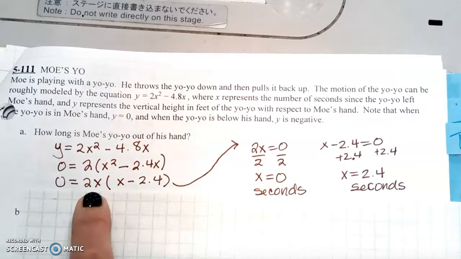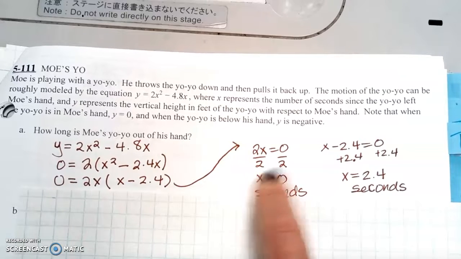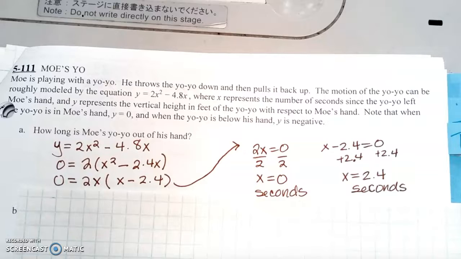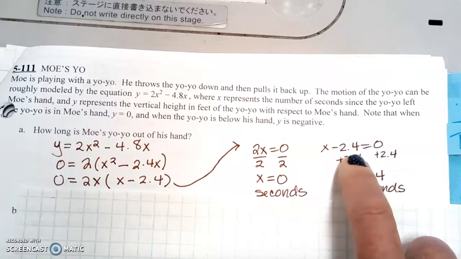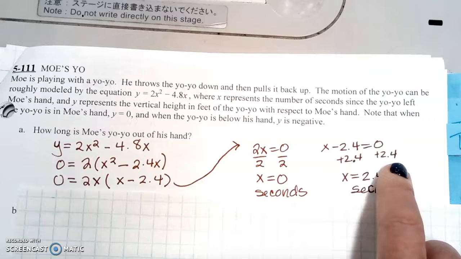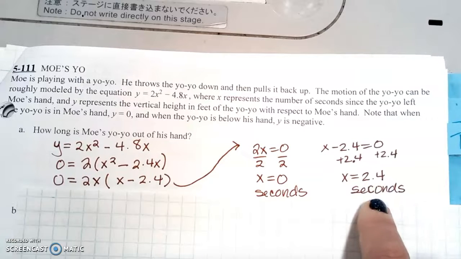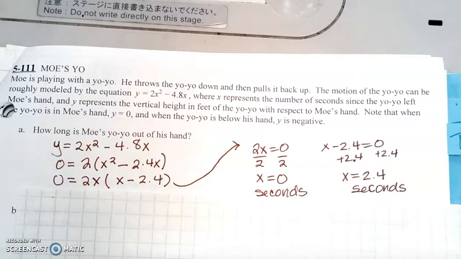So if we take the factor 2x and set it equal to 0, divide both sides by 2, we still get 0. If we take the factor x minus 2.4, set it equal to 0, add 2.4 to each side, we get x equals 2.4 seconds. So what does that mean for the yo-yo, right? The yo-yo's in his hand.